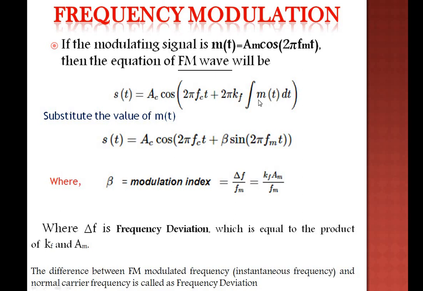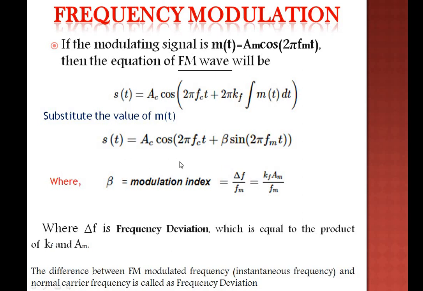Here you substitute Am cos 2 pi fmt. So what is the common term? I will take the variable 2 pi Am kf, integration of cos 2 pi fmt. The integration of cos 2 pi fmt is sin 2 pi fmt. And what are the variable terms over here? Am 2 pi kf, and beta is equal to Am 2 pi kf, which is called the modulation index.